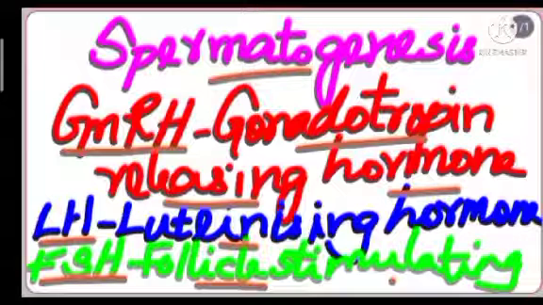Okay, so if hormonal control is asked, or how hormones regulate spermatogenesis or the production of sperms, if it is asked like that, you are supposed to explain the role of the various hormones like GnRH, LH and FSH. Okay.